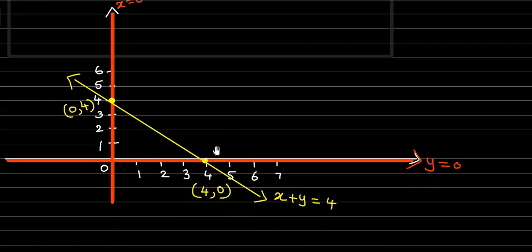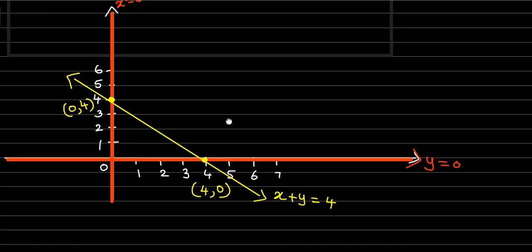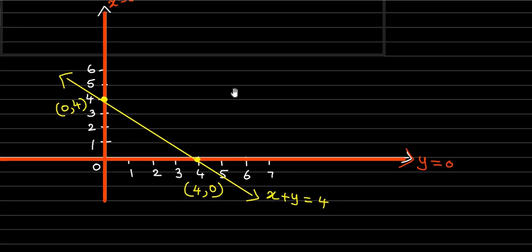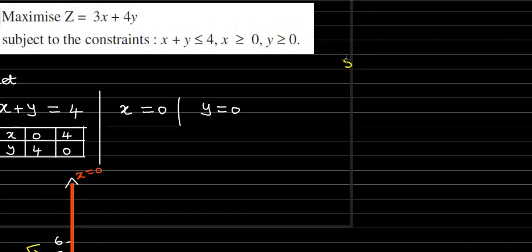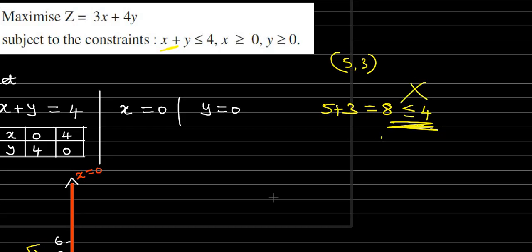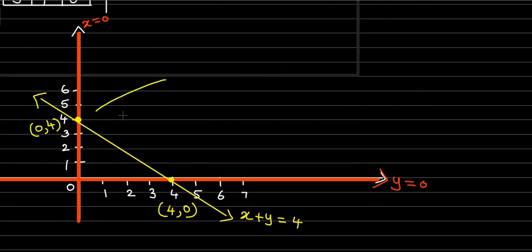Let me take randomly 5 comma 3, which lies this side, right? I'm going to check whether this inequality is satisfied or not. If I replace x with 5 and y with 3, the answer is 8. Is 8 less than or equal to 4? Which is wrong, right?